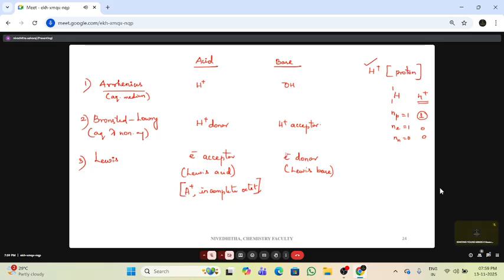They're electron rich species, right? So how will you represent any electron rich species? Usually they are negatively charged ions or any molecule with a lone pair of electrons. They come under the Lewis base category. Okay. So these are the three famous definitions for acid and base.